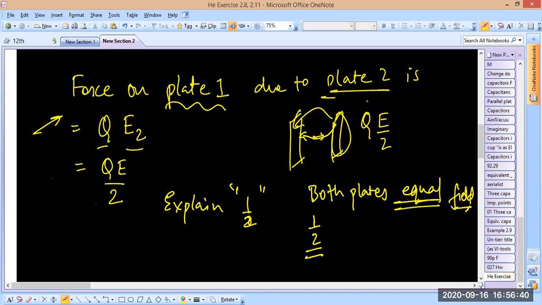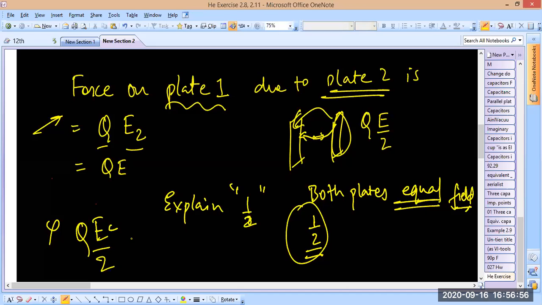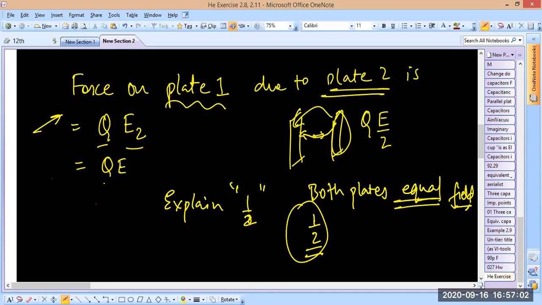That's why it's half. It's not QE. If you rush with charge Q and electric field E, the answer comes QE, but that's wrong because this electric field is due to both the plates. Due to one plate only, it's half. So this is QE by 2.